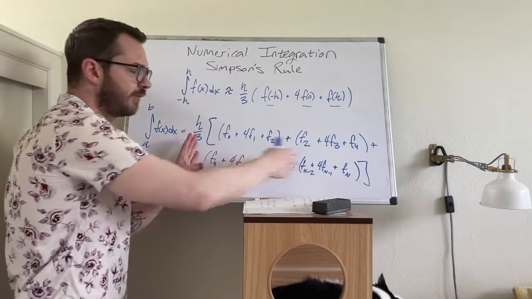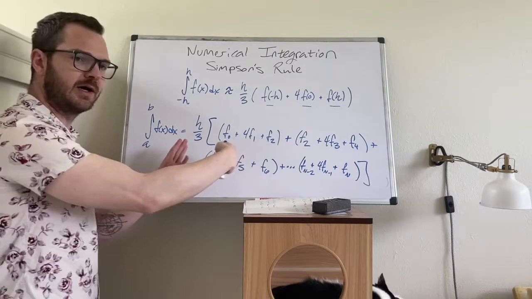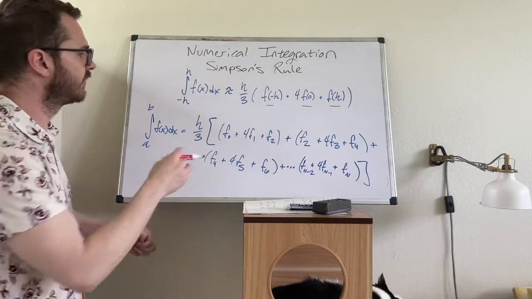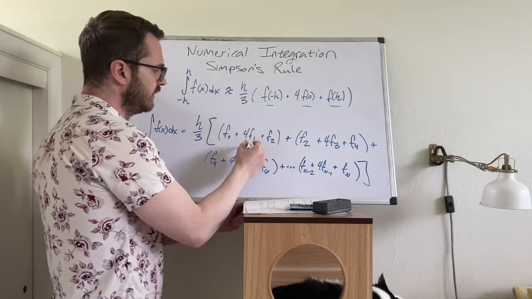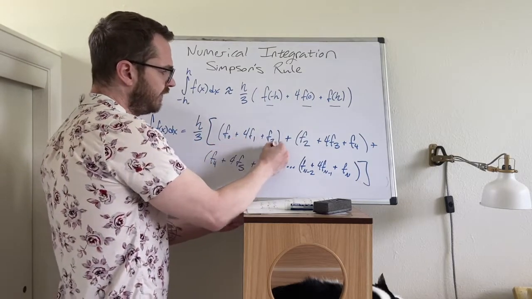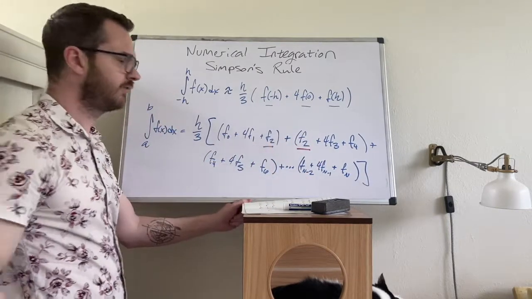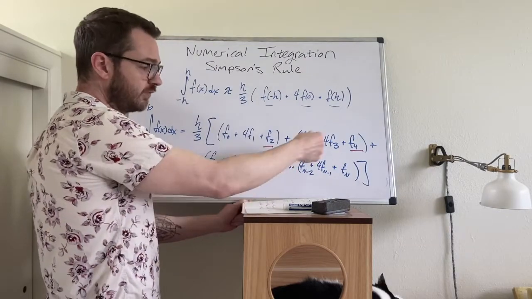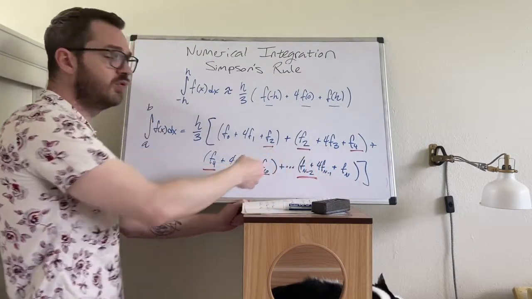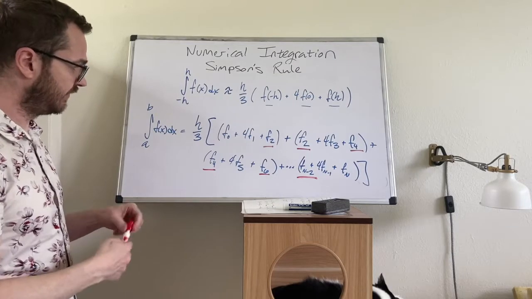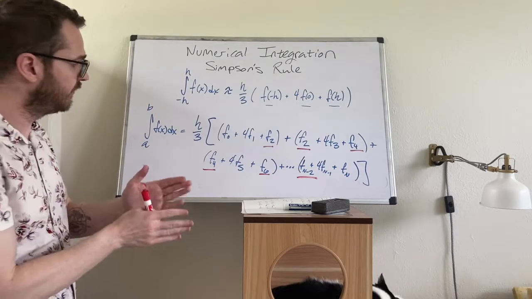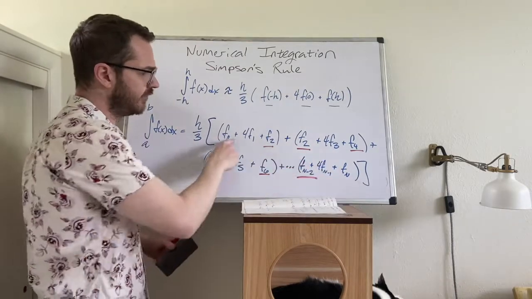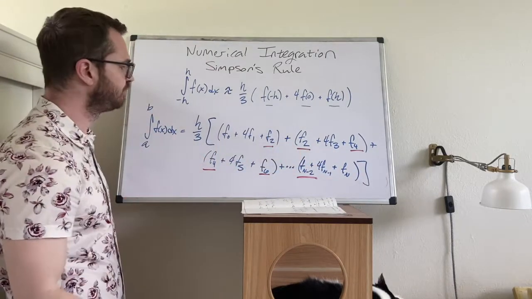What if we took this whole thing now and started adding up all the terms? We get rid of the parentheses, this internal arrangement. If you look, f2 appears twice. f4 appears twice. f6 would appear twice. f of n minus 2 would have appeared in the one before it. So we have a pattern that arises: the very first and the very last terms only appear once.